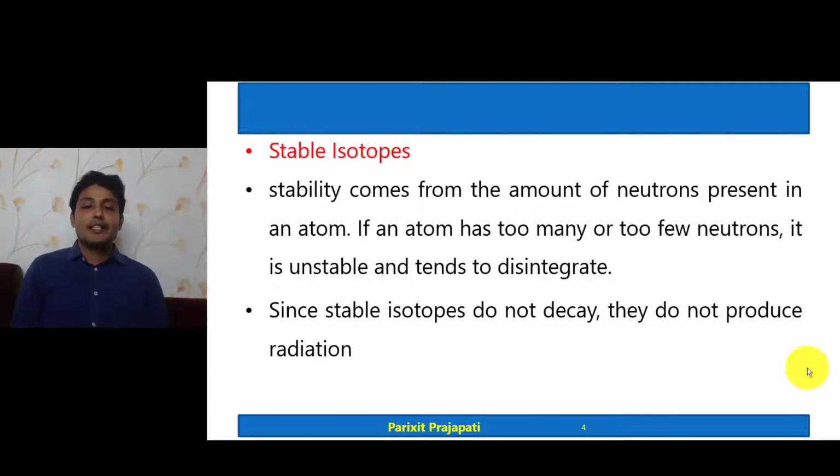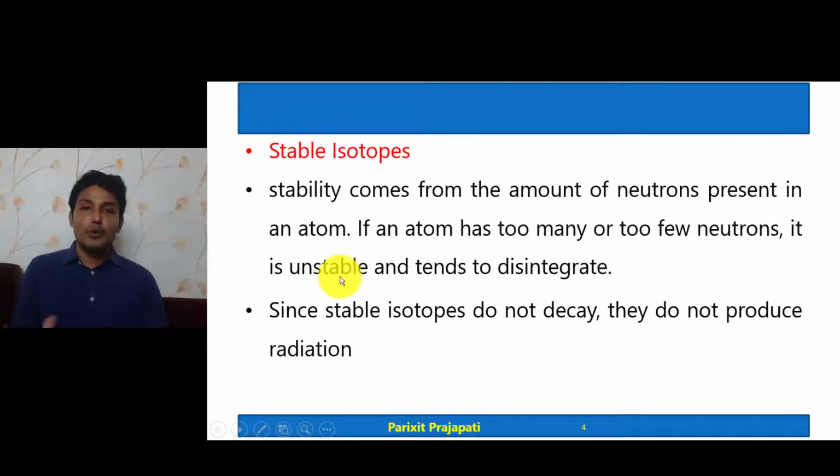Now isotopes can be stable and unstable. Remember, any unstable isotope or any unstable molecule tries to gain stability. In the case of stable isotopes, stability comes from the number of neutrons present in the atom. If an atom has too many or too few neutrons, then it is unstable.